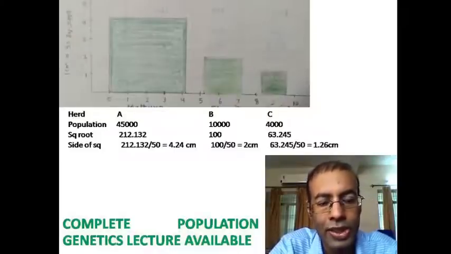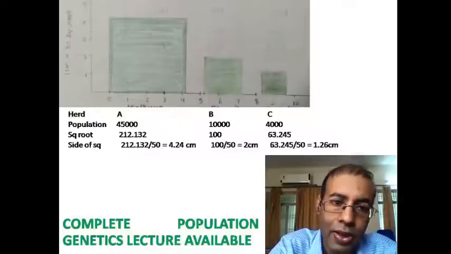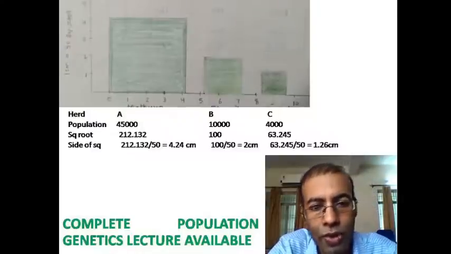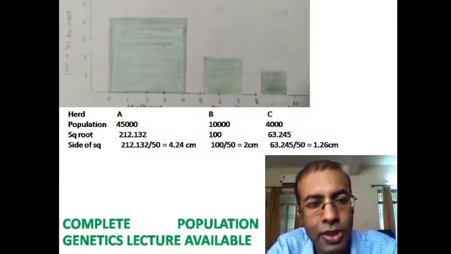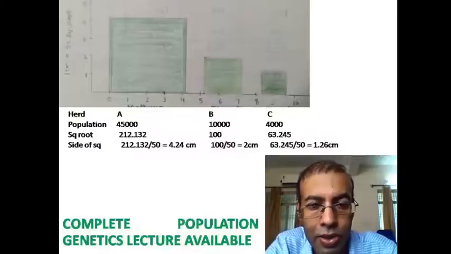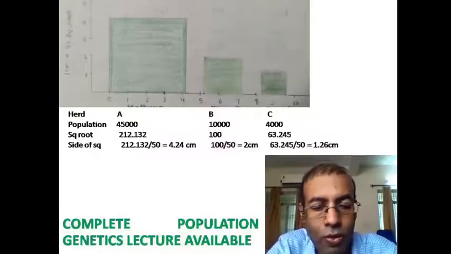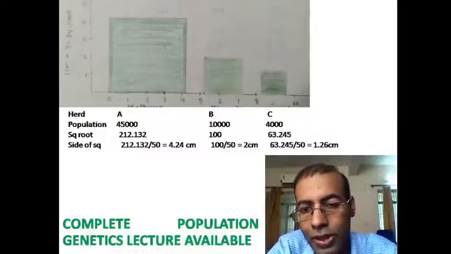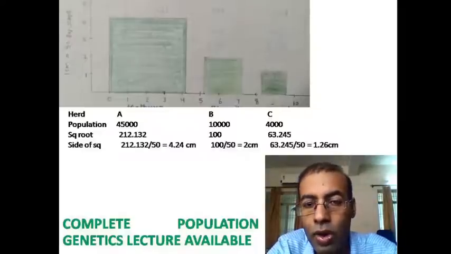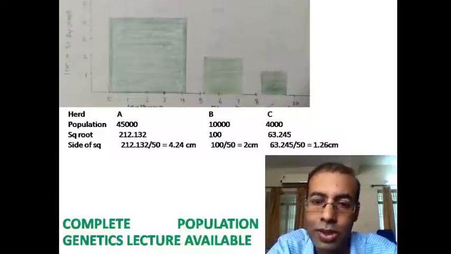After doing this exercise, for herd A we have 4.24 centimeter length for the square. For B we get the value 2, and for C the value of the side of the square is 1.26 centimeter.